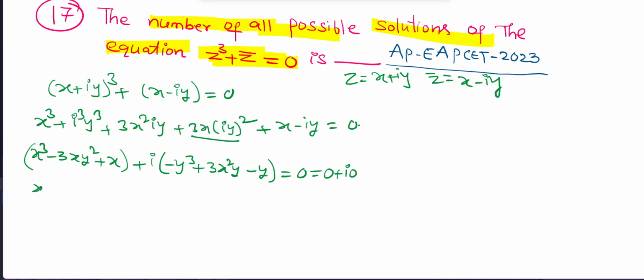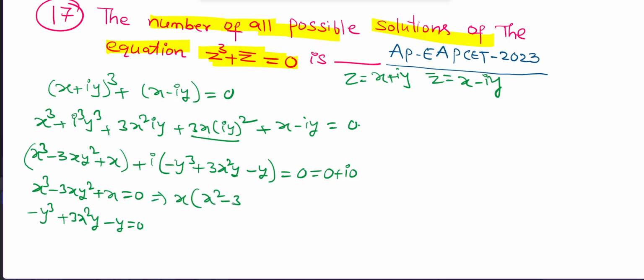Equating real parts, that is x cube minus 3xy square plus x is equal to 0. Second equation, that is minus y cube plus 3x square y minus y is equal to 0. From the first, take x common: x into (x square minus 3y square plus 1) is equal to 0. From this, x is equal to 0, or x square minus 3y square plus 1 is equal to 0.